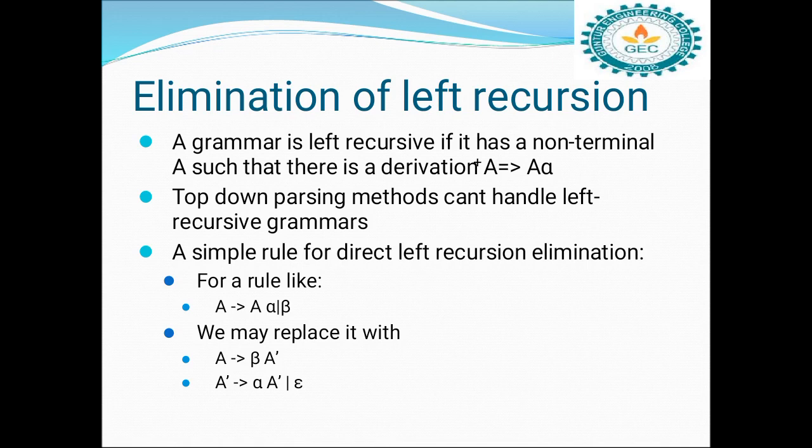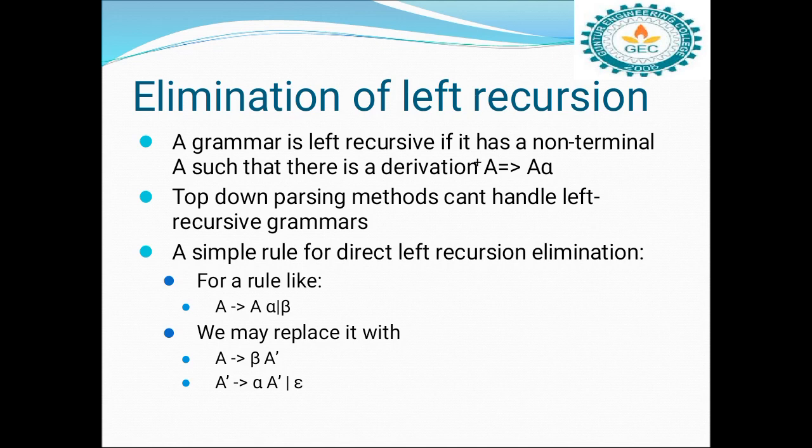Elimination of left recursion. A grammar is left recursive if it has a non-terminal A such that there is a derivation A tends to A alpha. Top-down parsing methods cannot handle left recursive grammar.